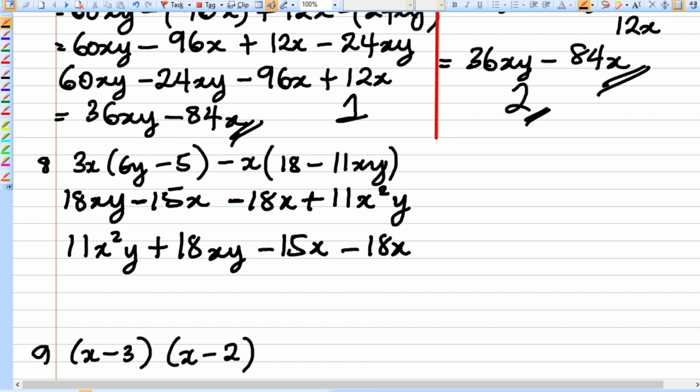Okay, so we can simplify this one because they are like terms. So you see, just x and x, so we can simplify. All right, so our final answer will be 11x squared y plus 18xy. Then minus 15x minus 18x. You're owing someone 15. That's what this negative 15x means. You're owing someone 15 naira.